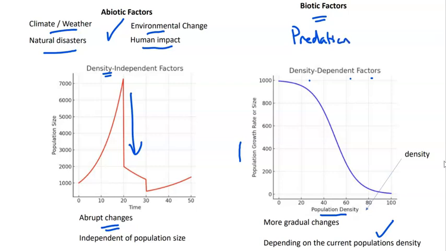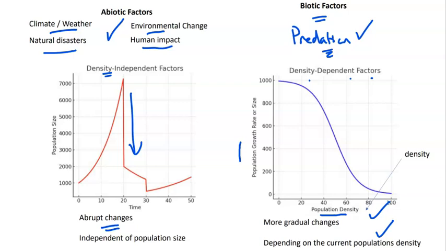So if the number of prey is affected by a predator, the predator is the density-dependent factor, and the effectiveness of predation will very much depend on the number of prey which are available for successful feeding by the predator, and we call this a density-dependent effect.